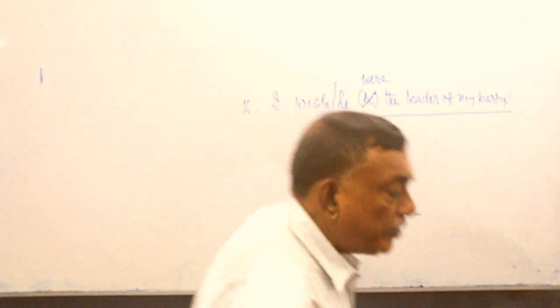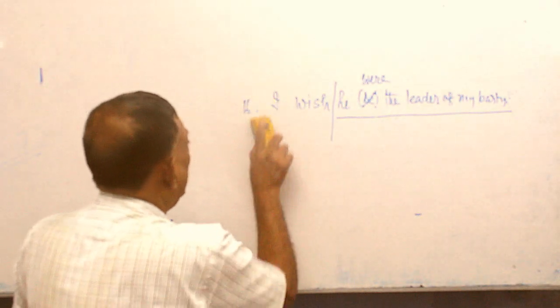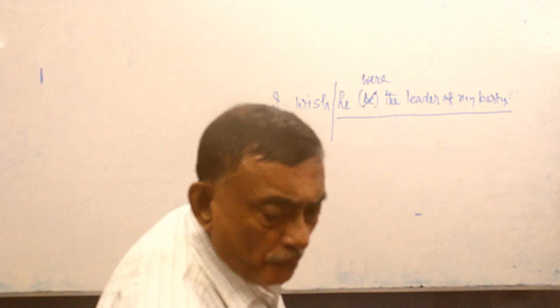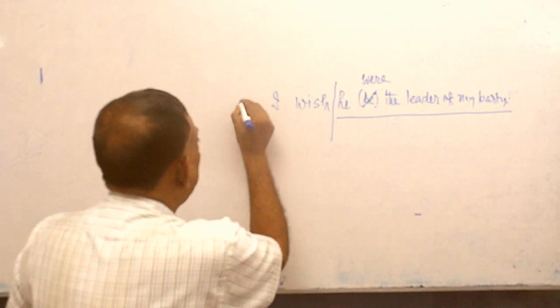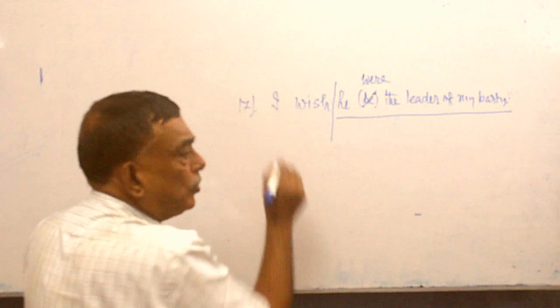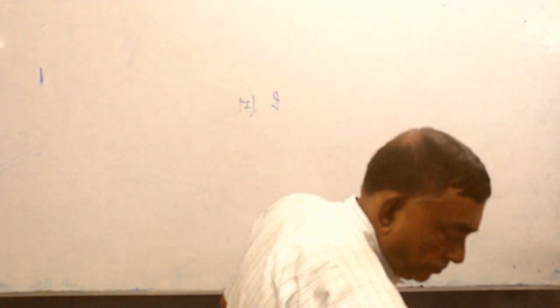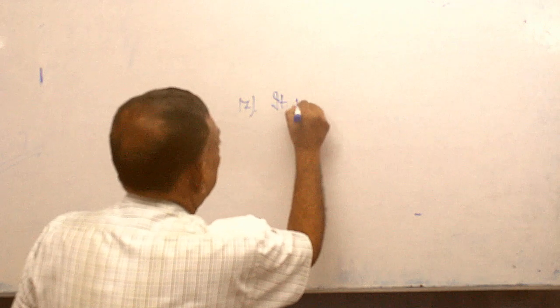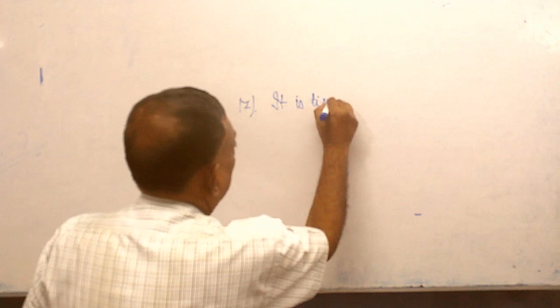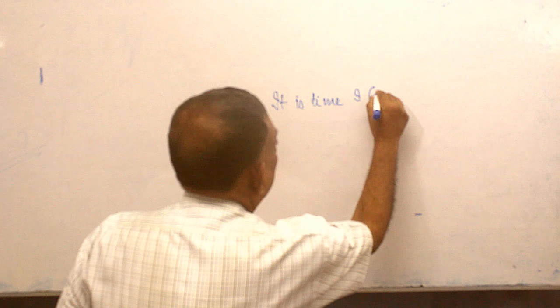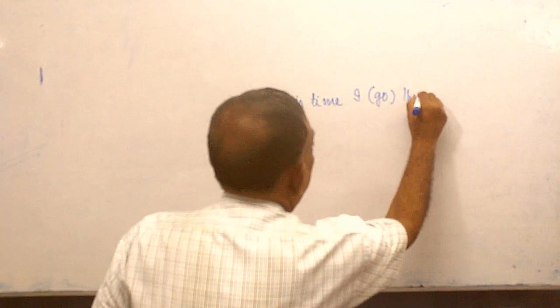Next question. It is time we go there. This is the last question I just show you, because these are the simple tips and tricks, and these are all formulas. It is time I go there.